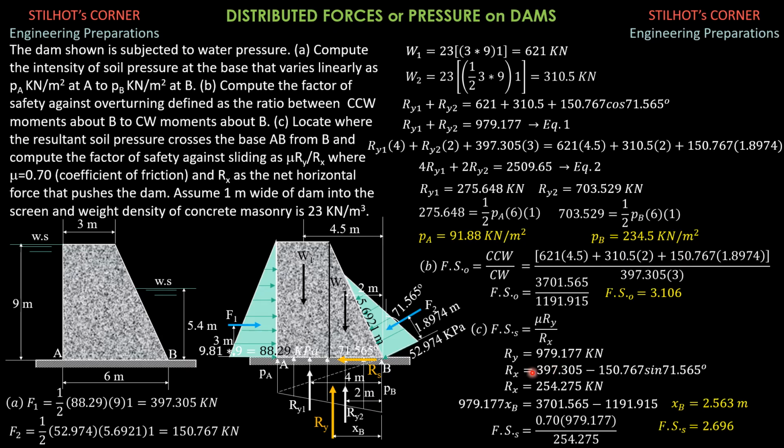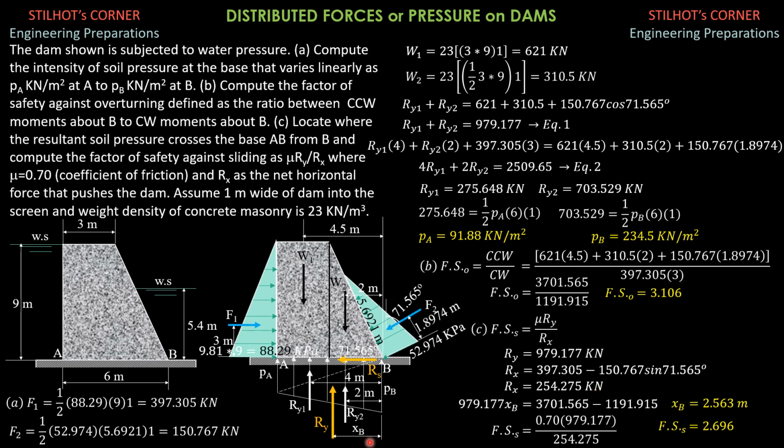Rx is the net horizontal force that pushes the dam, so it is F1 minus the horizontal component of F2. This is F2 sine of 71.565 degrees. So Rx is F1, 397.305, minus F2 sine of 71.565 degrees, and it is 254.275 kilonewtons.